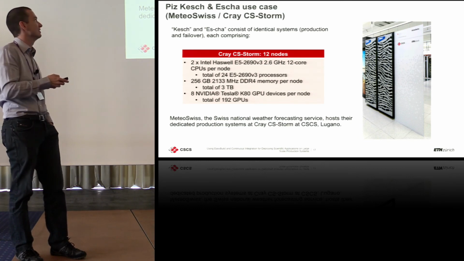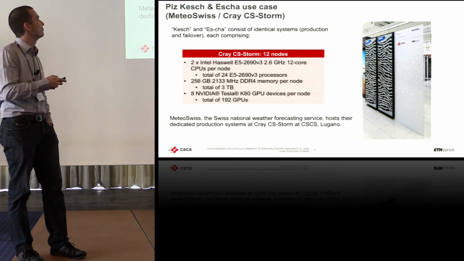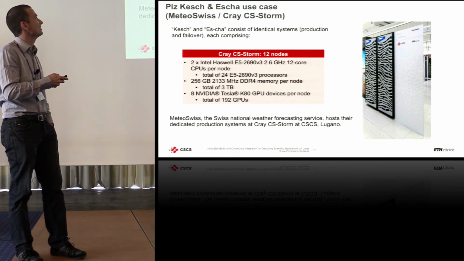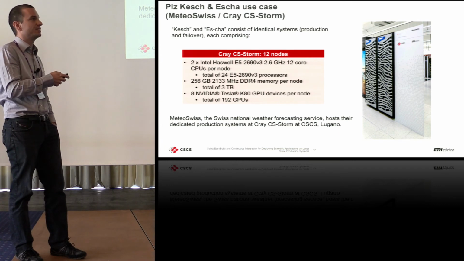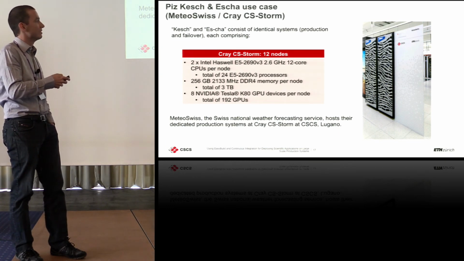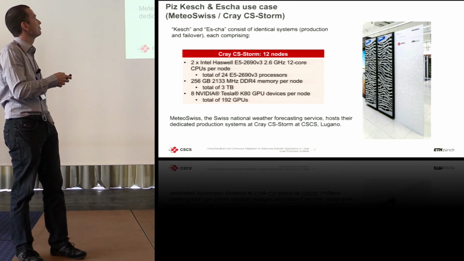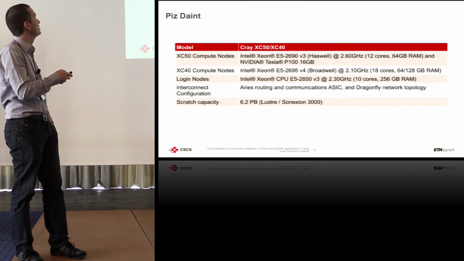It was faster than opening a ticket at Cray Port. That's the story in 1 minute on how we use EasyBuild on the MeteoSwiss machine. So now it's in production. It's doing weather forecasts in Switzerland. It's a 2-cabinet system with one in production and the other failover. And this is running EasyBuild.